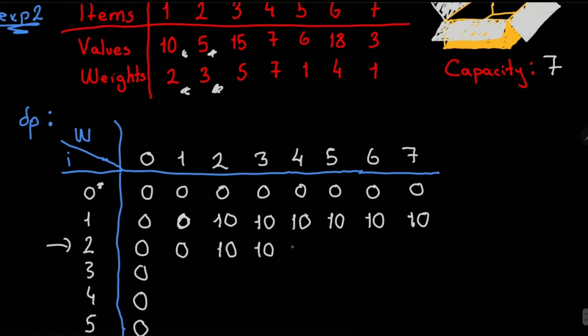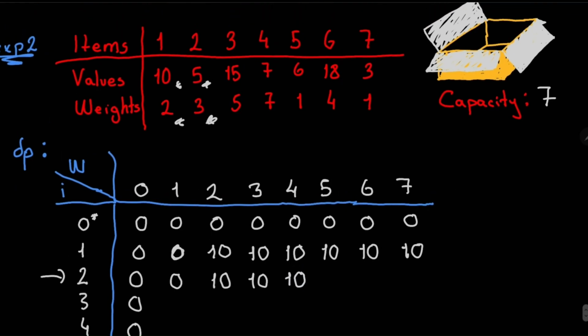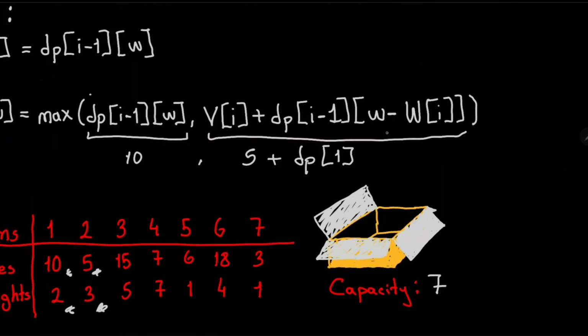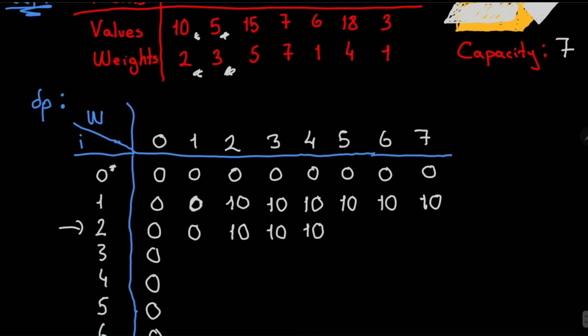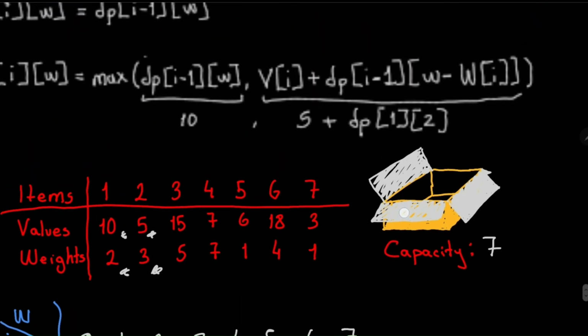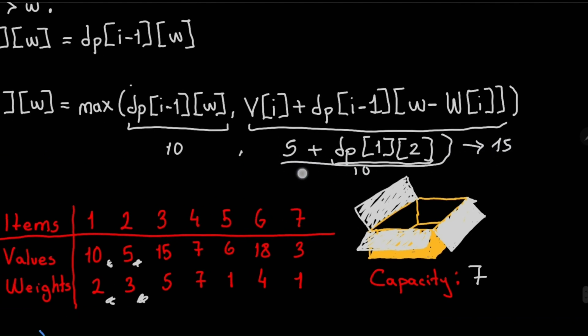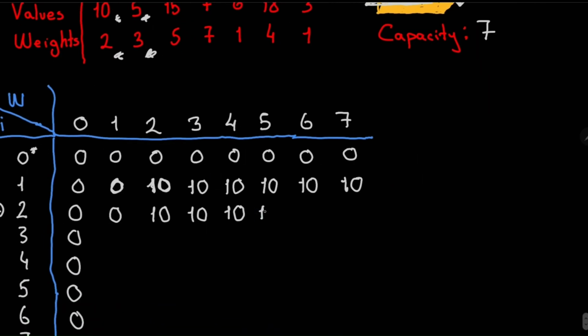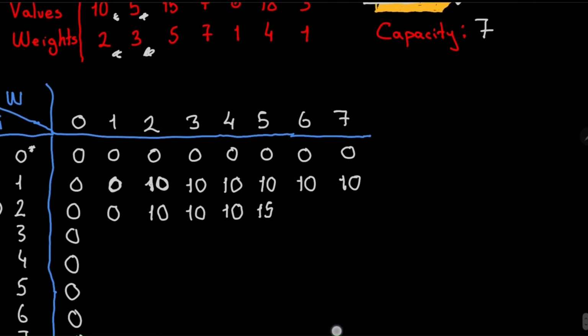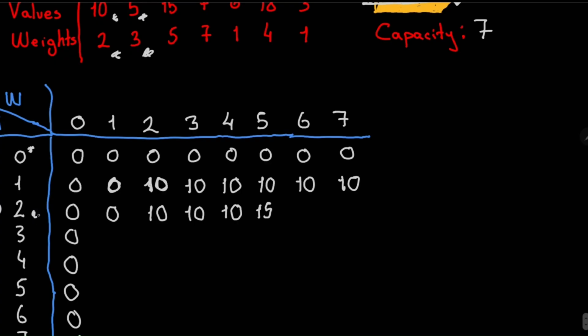So again, we are not taking the item of 2. When the current capacity is 5, 5 minus 3 is 2. So let's see. It is 10. So this is 10 and this whole expression will give 15. So we are writing 15, which means when the current capacity is 5, we are taking the item of 2.